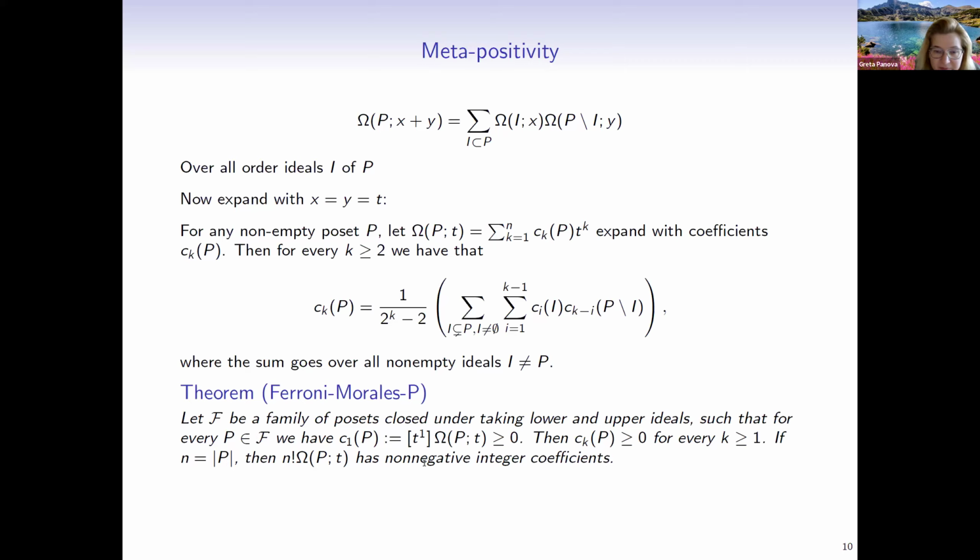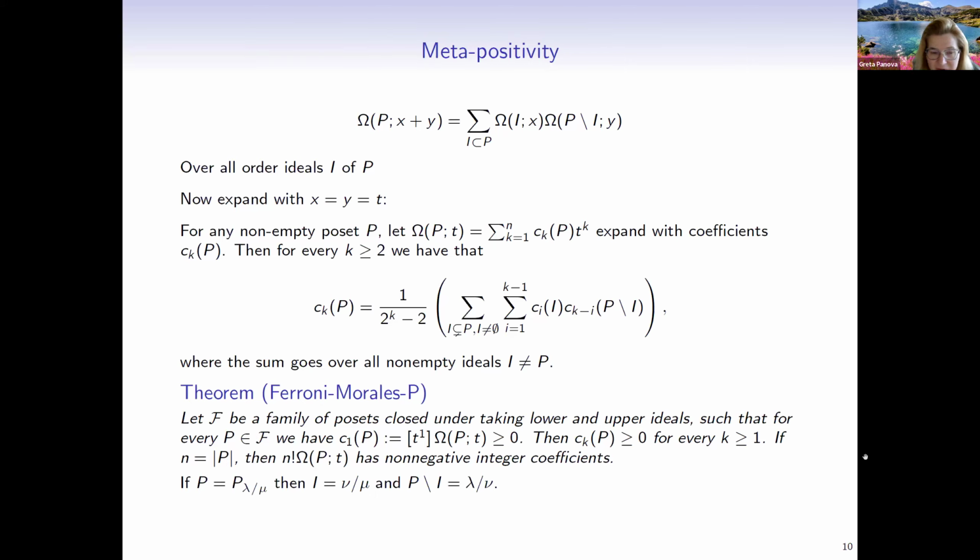Okay, so basically what the theorem somehow says is what I was observing earlier, that the linear term somehow contains the complexity of the problem. And so as long as you get non-negative linear terms and you are in such a family of posets that contain each other, then you actually get that the order polynomial is also always positive.